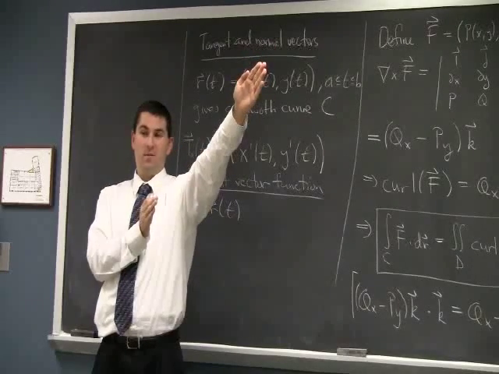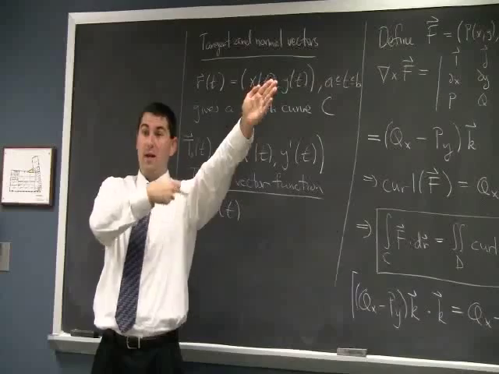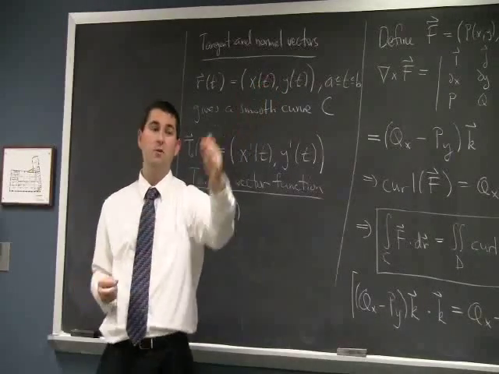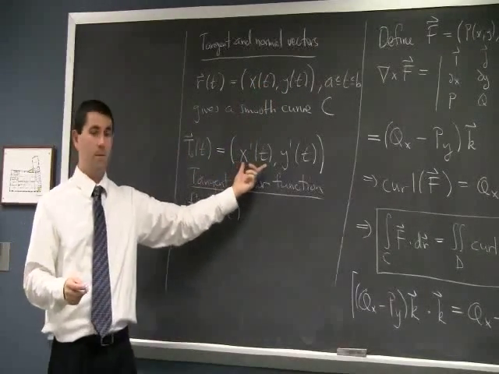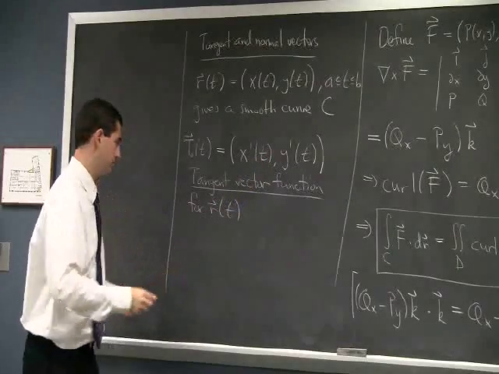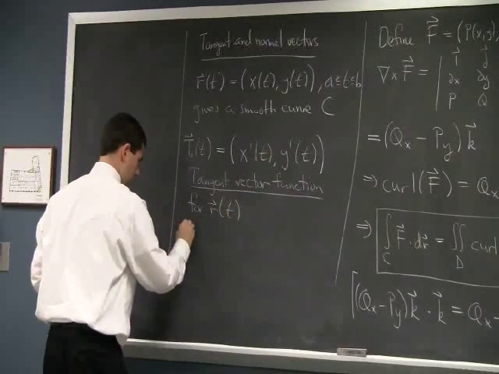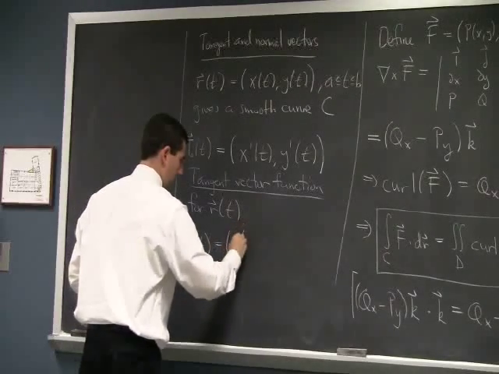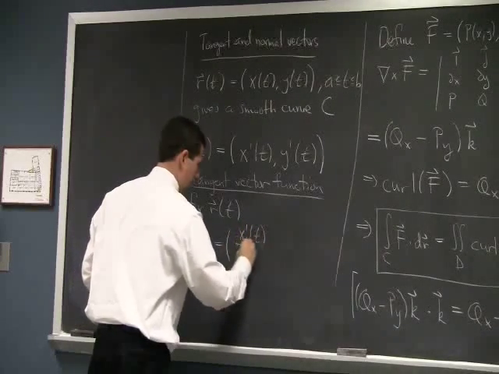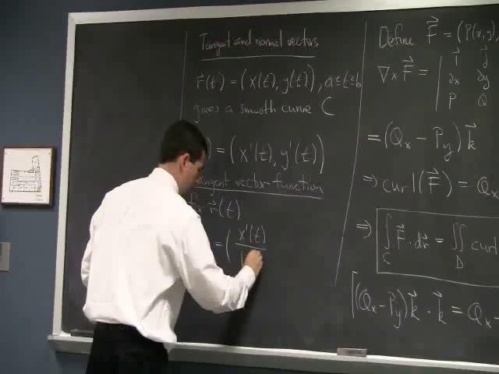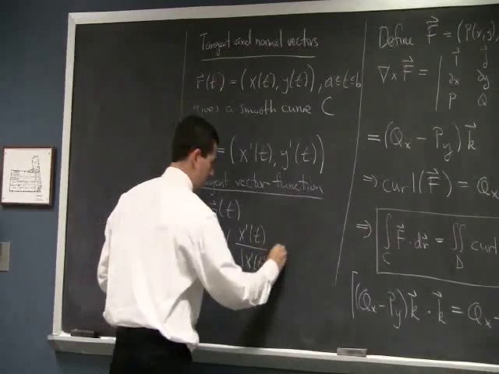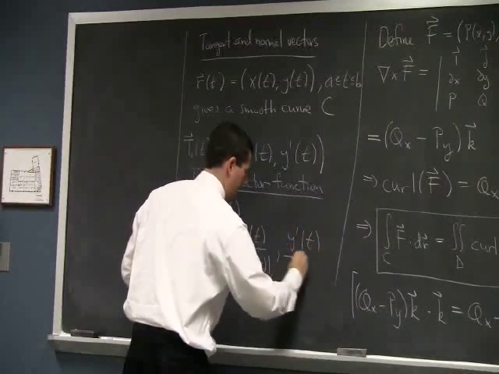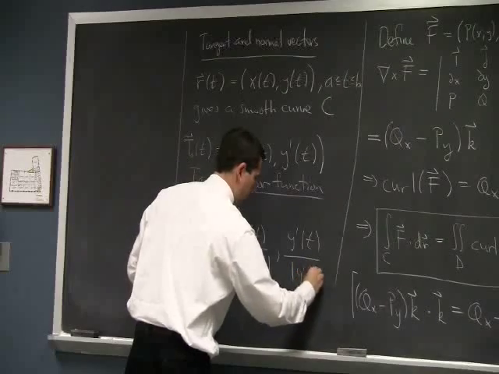I want one which is tangent and is of unit length, length 1. So the way I do that is I just divide by the norms. So if I don't write the 0, then I mean here x prime of t divided by the norm, comma y prime of t divided by the norm.